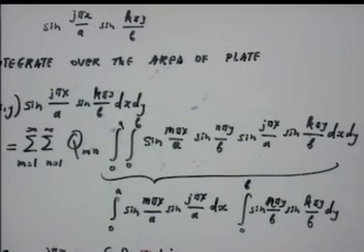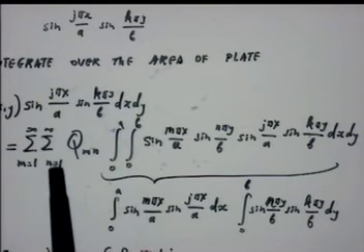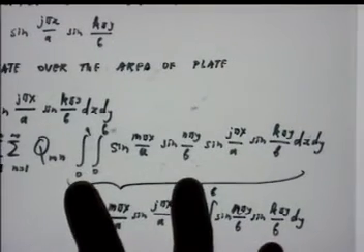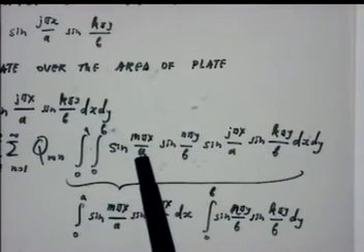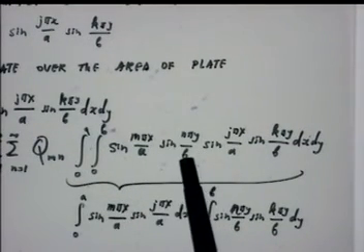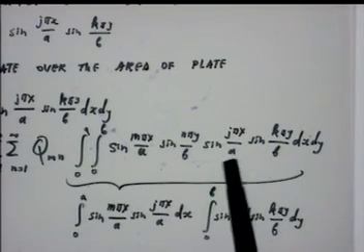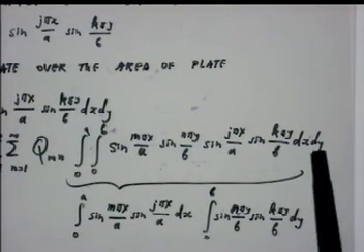Now, we have m from 1 to infinity, n from 1 to infinity, q sub mn. And what is left here is sine m pi x over a, sine n pi y over b. Now I multiply it by sine j pi x over a, sine k pi y over b, dx dy.